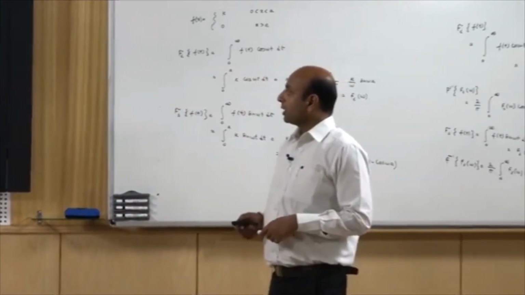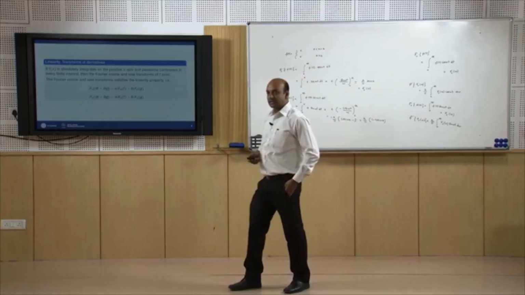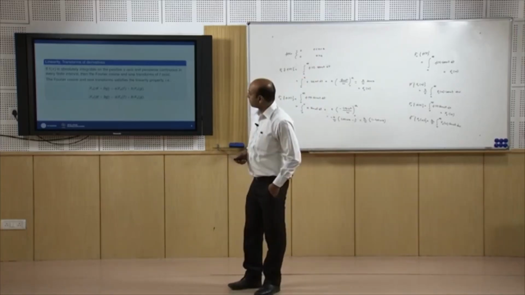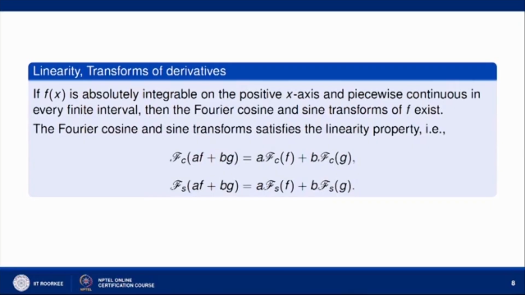Now, Fourier transforms also satisfy some properties. What are they? First of all, the existence condition: if f(x) is absolutely integrable on the positive side of the x axis and piecewise continuous in every finite interval, then the Fourier cosine and sine transforms of f exist.